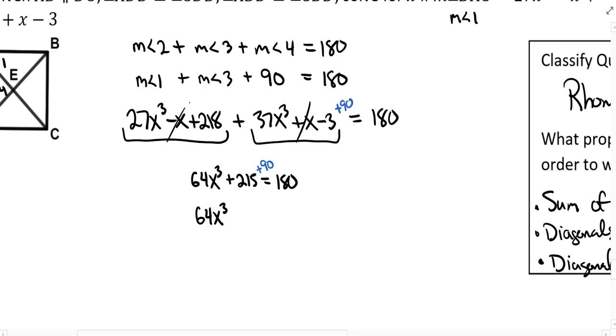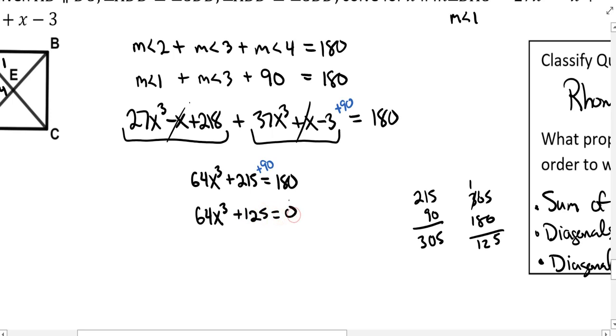There we go. Can't forget about that. So you got 215 plus 90, which is 305. And then the 305 minus 180. So we're going to get positive 125 equals 0.